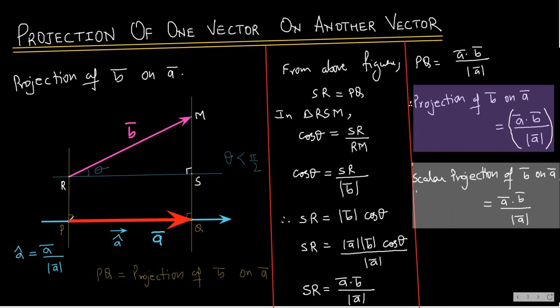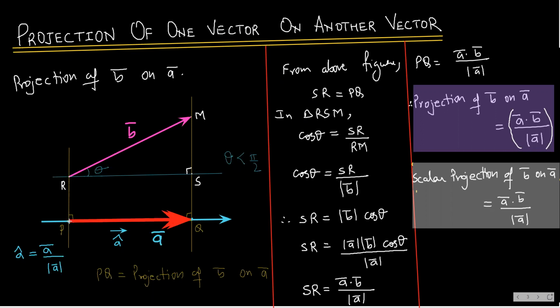Once I find A cap, I will multiply A cap with length PQ. A cap is a vector having magnitude 1. I want a vector having magnitude PQ.